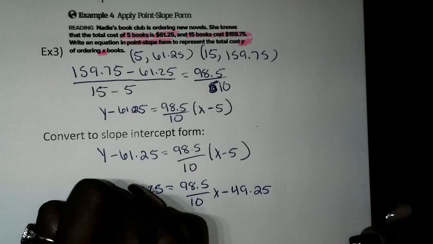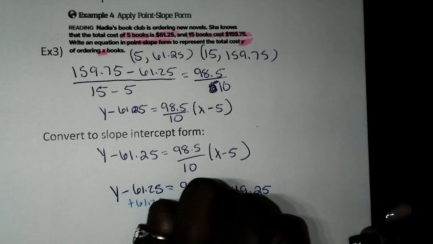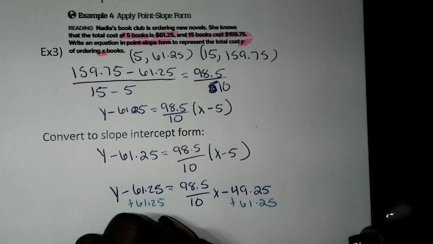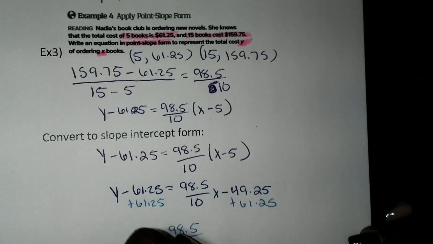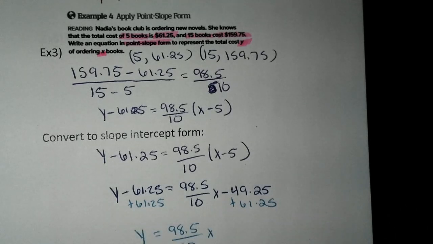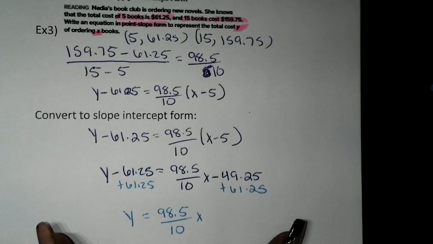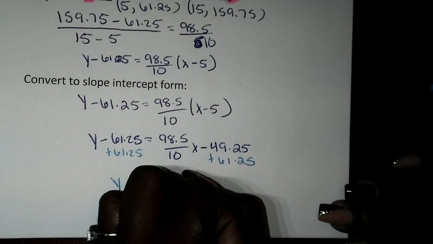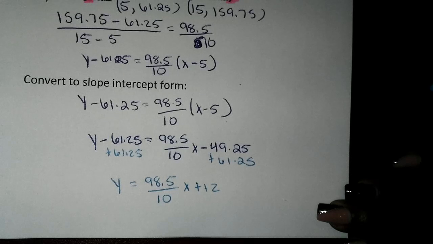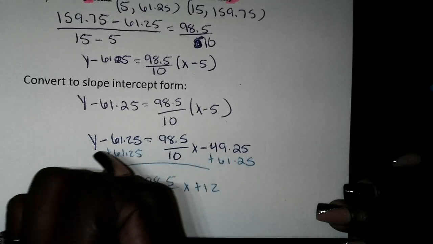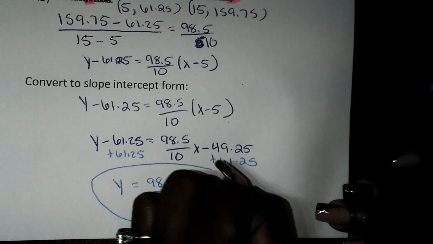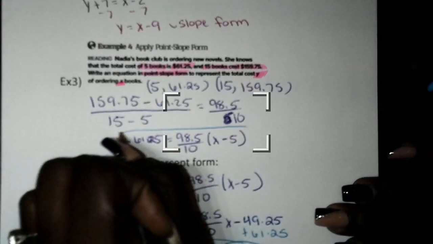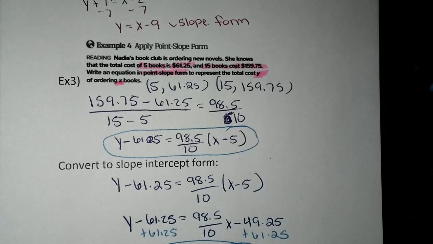So plus 61.25. So y equals 98.5 divided by 10 x, which will give us plus 12. So this will be our slope-intercept form, and then this one up here will be our point slope form.